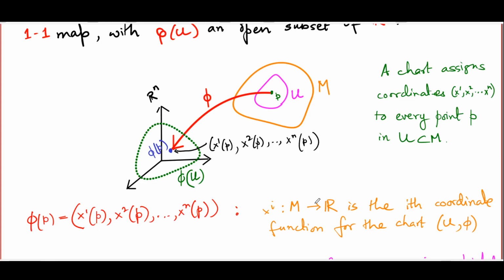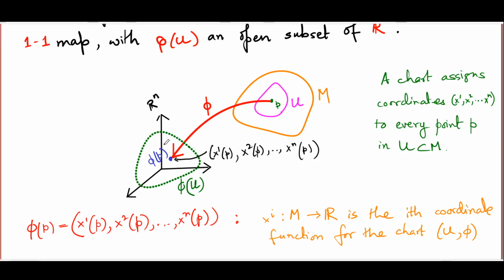It is the job of this chart U, phi to assign coordinates to arbitrary points in a manifold. Of course, a particular chart U, phi can only assign coordinates to points in U. If U does not cover the entirety of M, then you might need more than one chart to help you assign coordinates to every point that you are interested in.